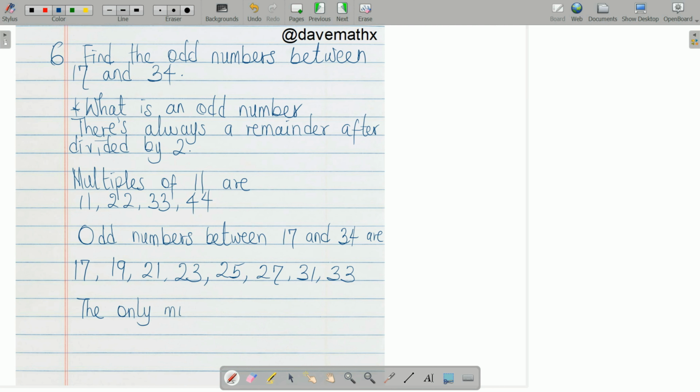The only multiple of 11 which is also an odd number between 17 and 34 is 33.